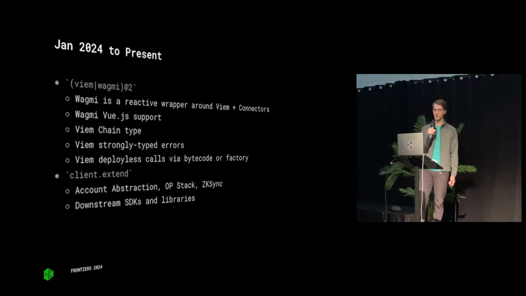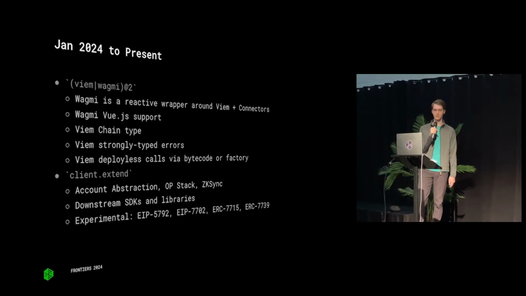You can build full-on SDKs or other libraries on top of this. A lot of people have ones that use the internals of VM, but then expose whatever they have going on that's unique. We also have a bunch of experimental extensions under the VM/experimental entry point, which is just a good proving ground to dump out a bunch of stuff that people might be interested in. So I would check that out.